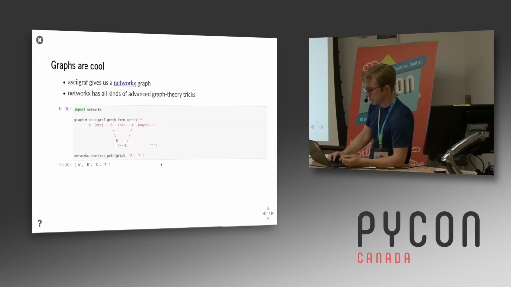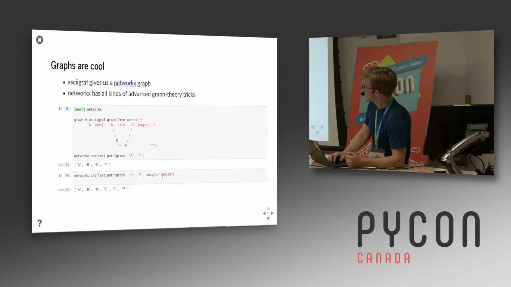So for example, we can do NetworkX shortest path on our graph, and we can see that ABCF is the shortest path from A to F. We can also do shortest path with a weight, and it will take into account the length of the lines. So here's a funny, weird thing. ABDEF, CF is a shorter path in this case, which is weird based on this diagram, but it is shorter because of fewer characters in those lines.